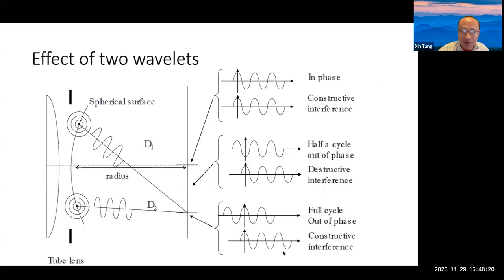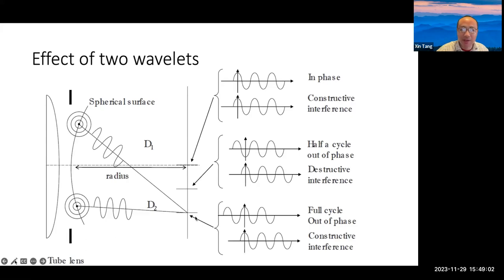Okay, now from there, of course, this is the effect. From there, you can understand many things. Here is just the example of two wavelets. If there are only two, picked from this wavefront, then because this is a spherical wave, they will go to all the places. But if we look at the different places, we will see the phase interference from these two points is different, because they are influenced by the distance, right?